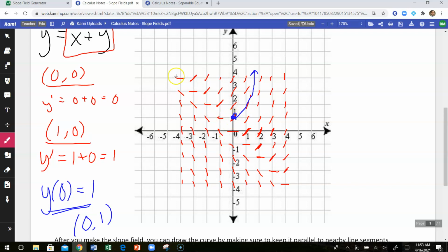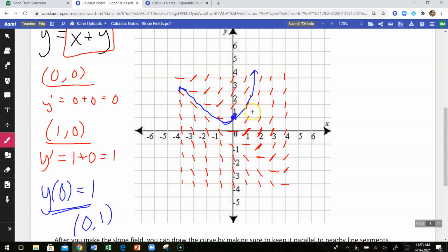But then I run into this diagonal wall of horizontal tangent lines. So that tells me that my graph's going to go down, but then it's going to bottom out. And then where's it going to go? Oh, well, now I have this slope of negative 1 where my graph is just going to become essentially parallel to that.